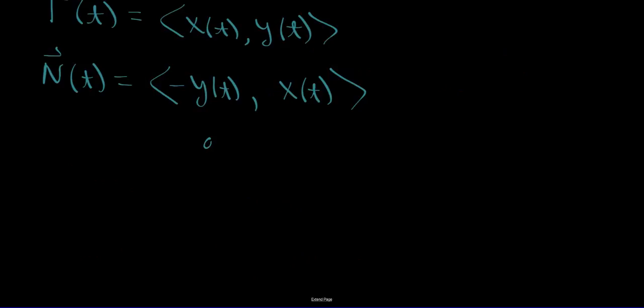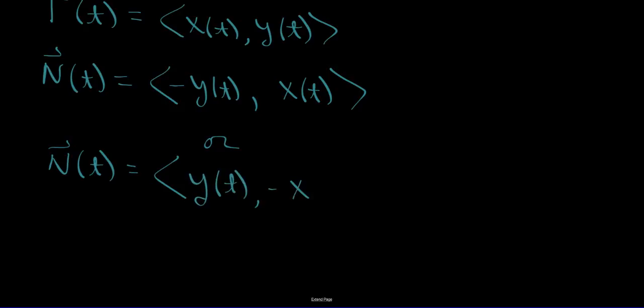Or what's the other option? What do you think is the other option? We could have y of t and negative x. Those are the two options.